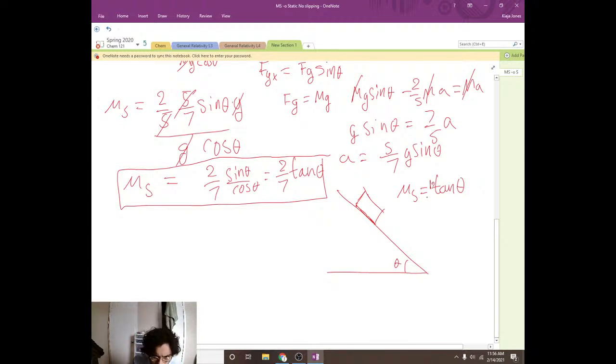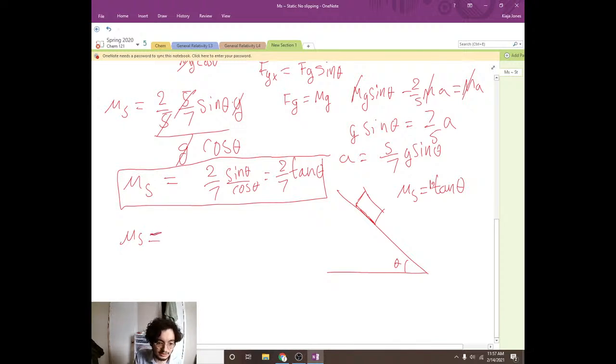So that's very interesting. Now, if you ask me, what's the physical representation here from these constants? What I'm trying to get to is that you can write the coefficient of static friction as a general formula.